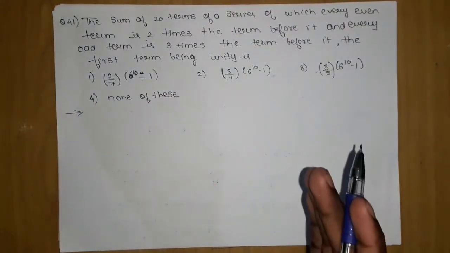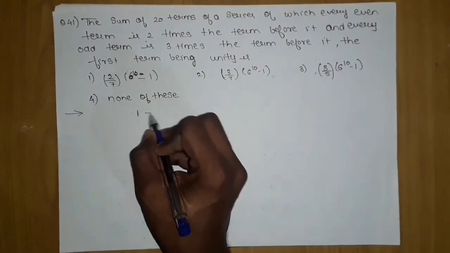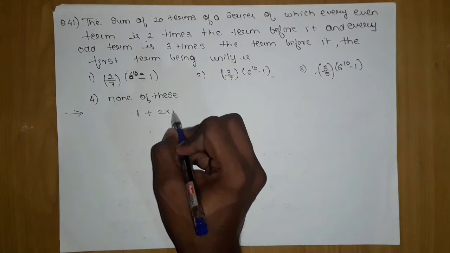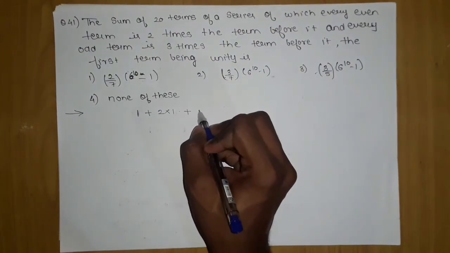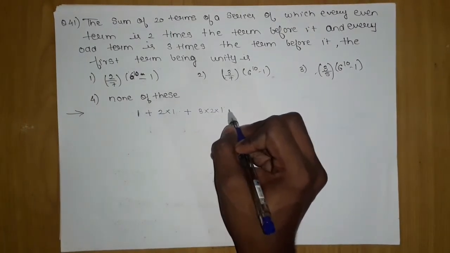The first term being unity means the first term is 1. The second term is 2, twice the term before it, at an even position. The third term is 3 times that.